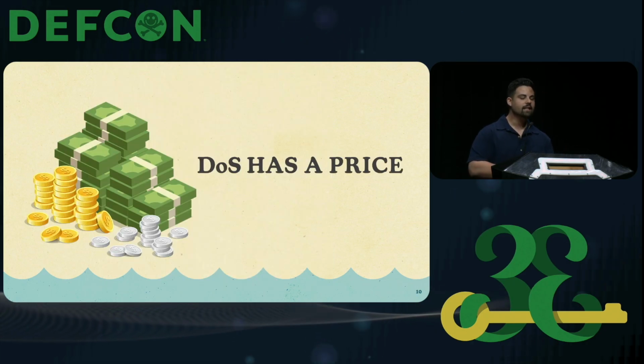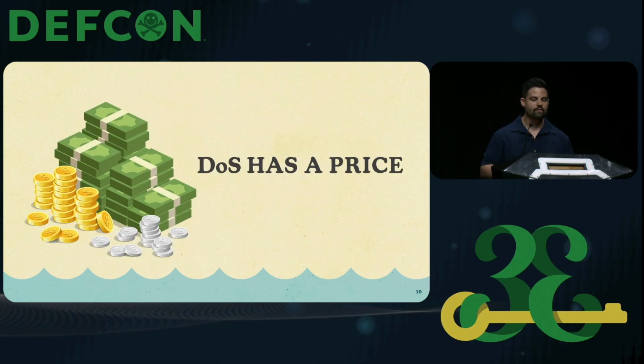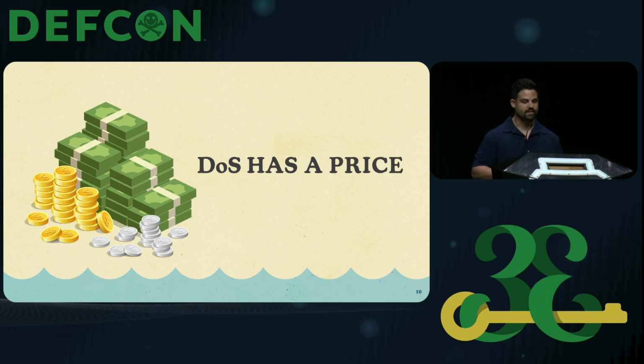Now, creating denial of service has an obvious and large price, of course. According to Perimeter 81, which is a company by Checkpoint, each DDoS attack in 2023 cost organizations approximately $6,000 per minute, with an average total cost of $486,000.